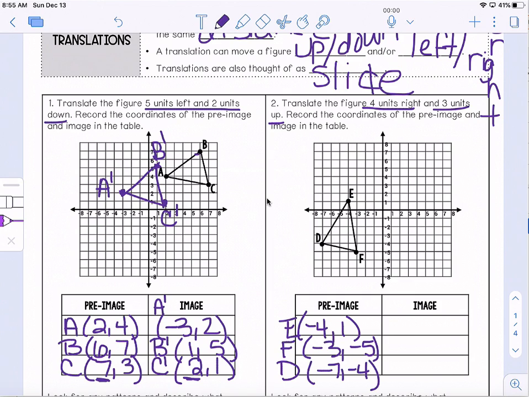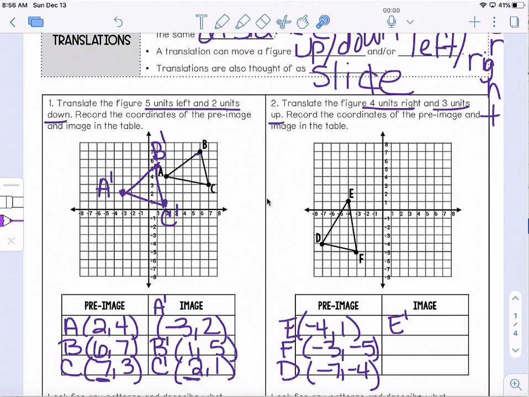So if we're trying to find the coordinates of our image, E prime, and we're going 4 to the right and up 3, we'd be right here. 1, 2, 3, 4, and then up 3.